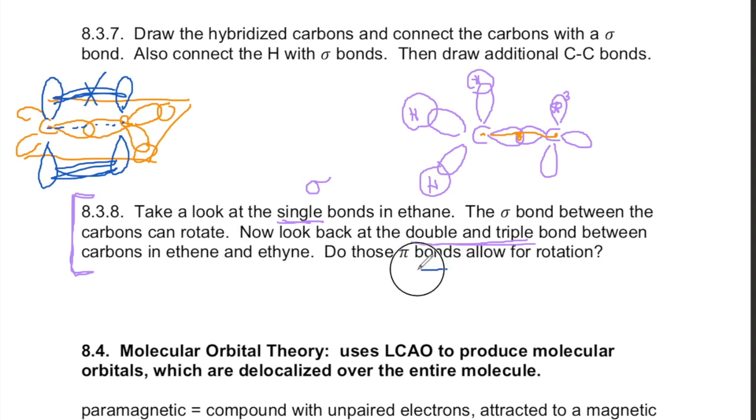So these pi bonds are not allowing for rotation because they are above and below or in front and in back of the node, and so you would have to break those pi bonds to rotate the molecule. So no, they do not allow for rotation.